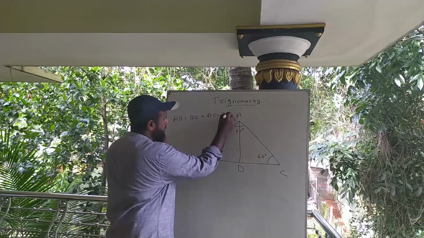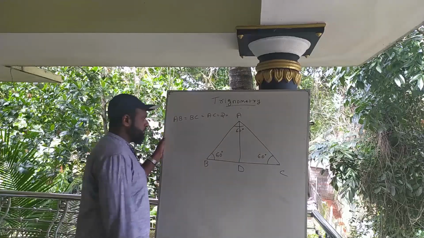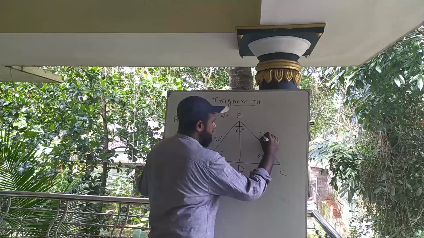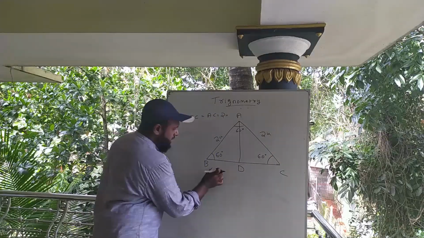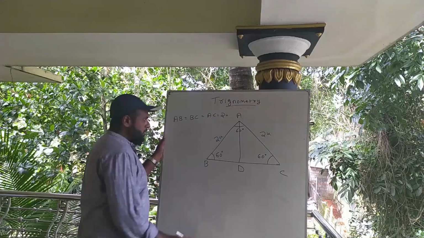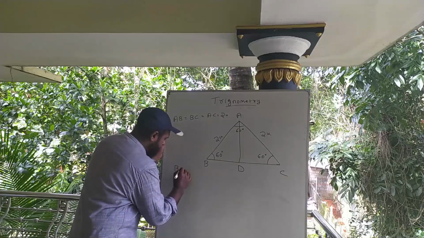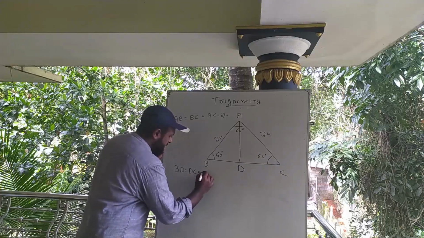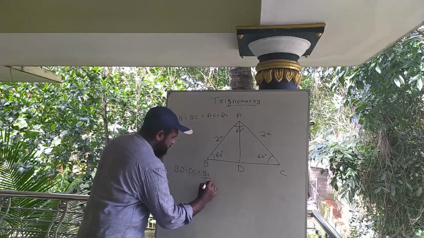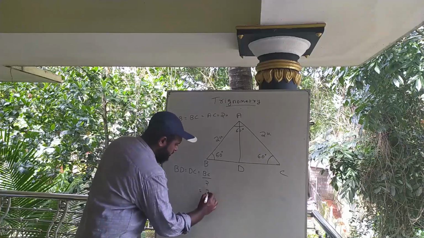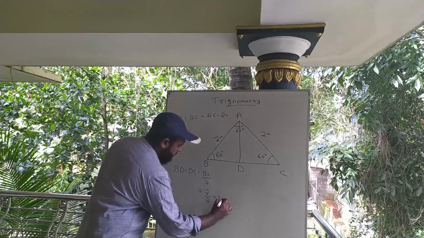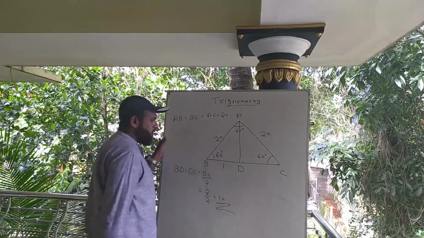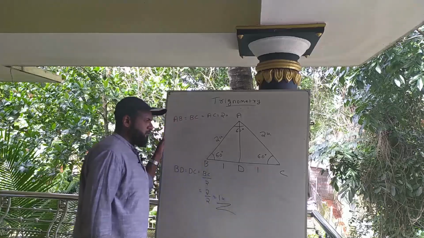Here BD equal to DC equal to BC by 2. What is BC? 2 unit, 2 by 2 equal to 1 unit. So here it is 1 unit and here also it is 1 unit.